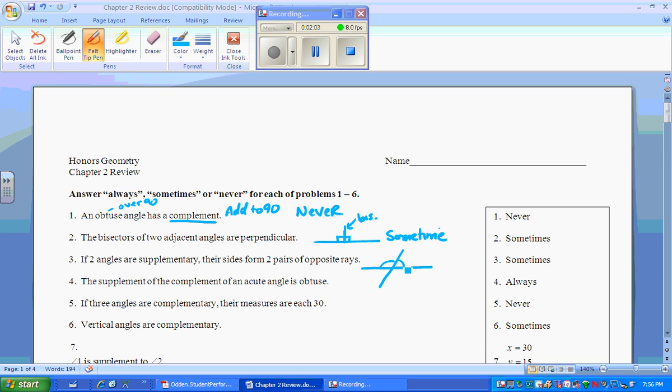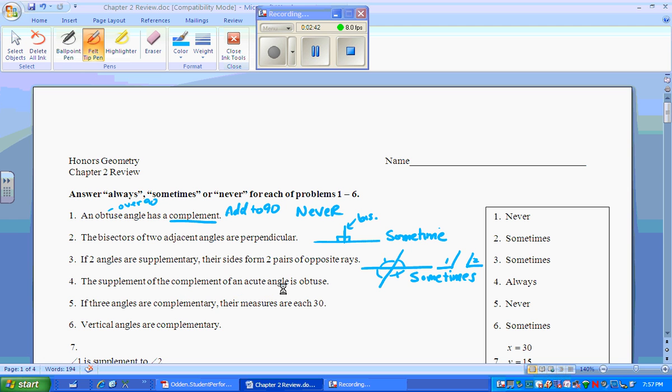These two are supplementary, and these two are supplementary, saying, hey, look at us, we form opposite rays. But maybe this angle here and this angle over here are supplementary. Maybe these two angles are supplementary, but then they don't form opposite rays of each other. So somewhere it needed to say that they were adjacent for that to always happen. So in this case, this sometimes happens.